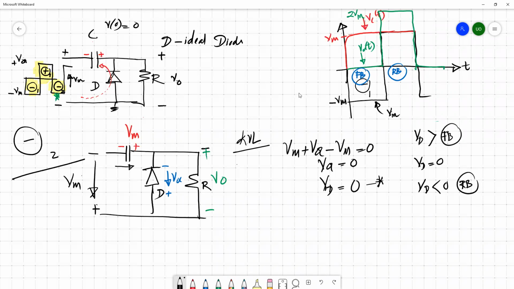What about this boundary? There may be a tendency, for example, if the previous state of the diode is forward biased, whether you bring the voltage to 0, it never turns to reverse. It remains forward. If your previous state is in the reverse region, whether you bring your voltage to 0, it never turns to forward. That's the normal scenario because VD equals 0 is the boundary condition.